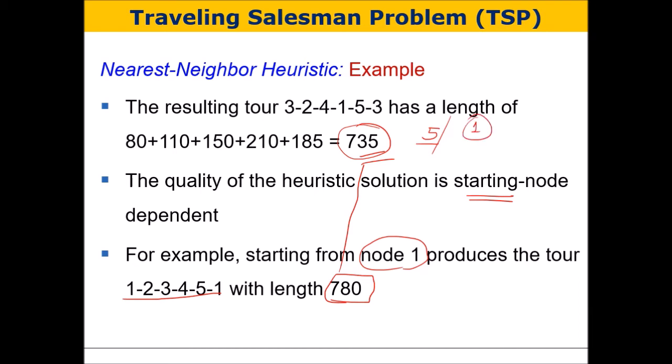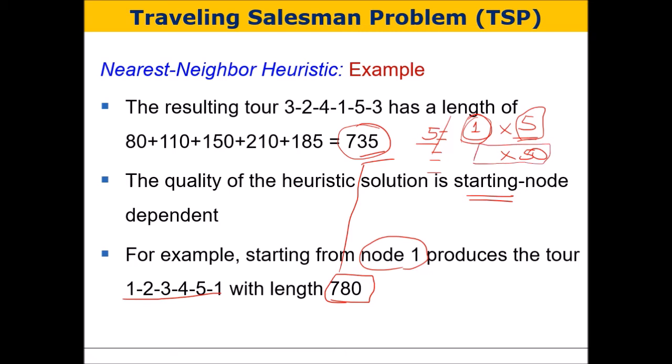But if you try to start from each one of these cities and then solve using the nearest neighborhood, it means that you solve the same thing 5 times. So the required solution time for the second alternative is 5 times the first one. And if there are, for example, 50 cities, then it makes 50 times the first one.